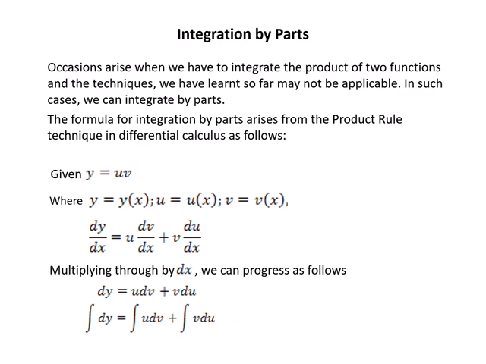Now, multiply through by ds, both sides. If we multiply through by ds, ds will cancel out the denominator there. Then we now have dy equal to u dv plus v du.